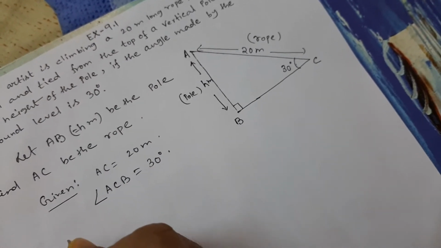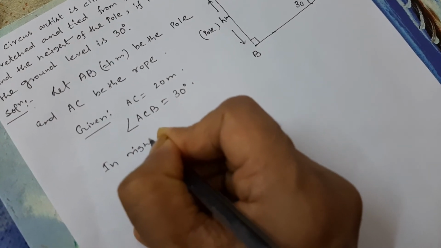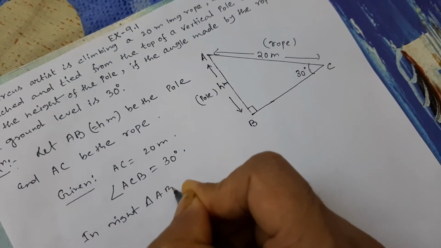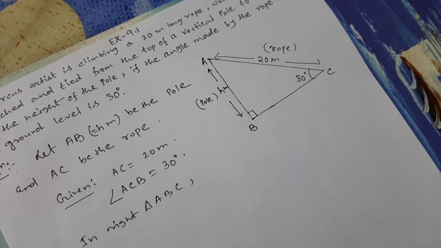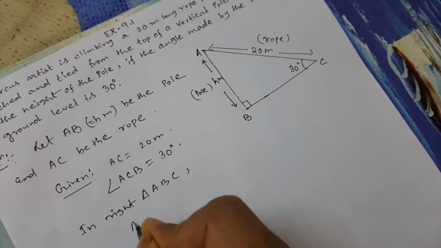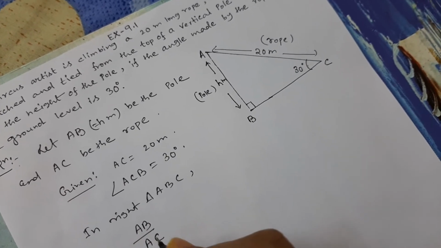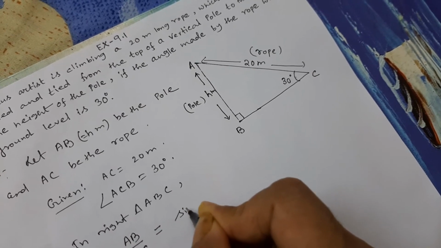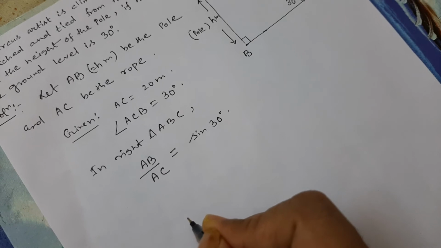So in right triangle ABC, perpendicular AB by AC, perpendicular by hypotenuse, equal to sine 30 degrees.